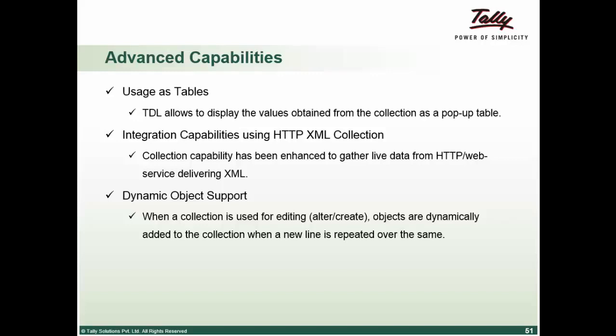In case the type attribute is not specified, it defaults to adding an empty standard object, which holds true for a collection, keeping in mind the latest changes. Again, a detailed discussion on the dynamic object support has been done in our advanced objects and collections session.